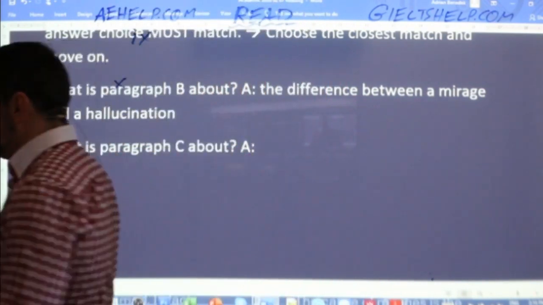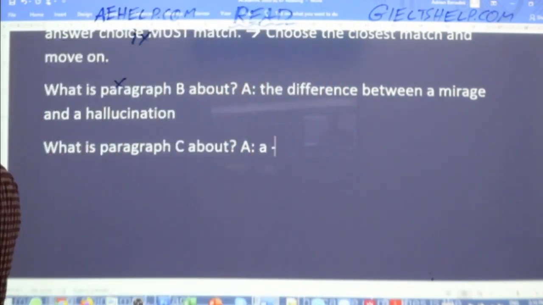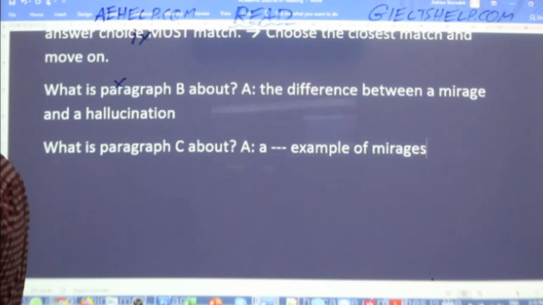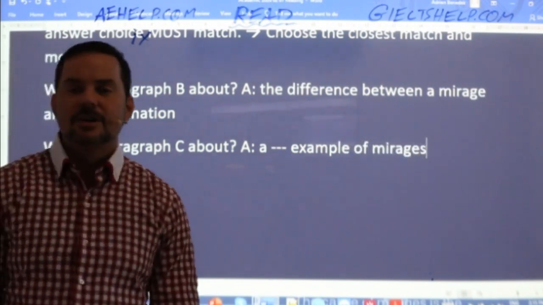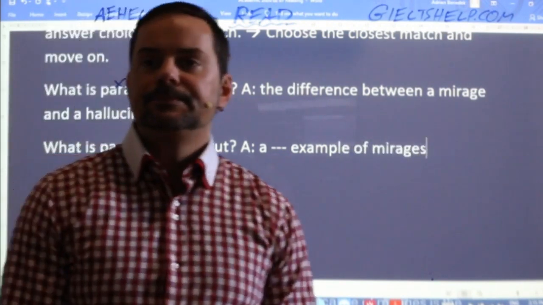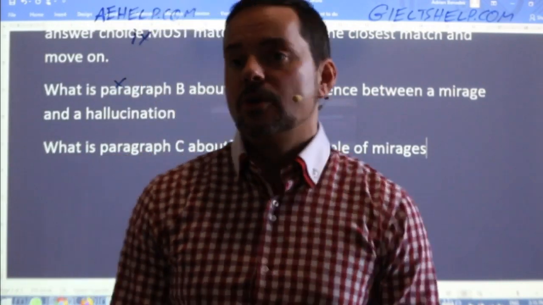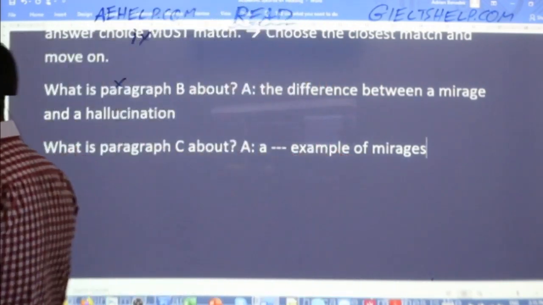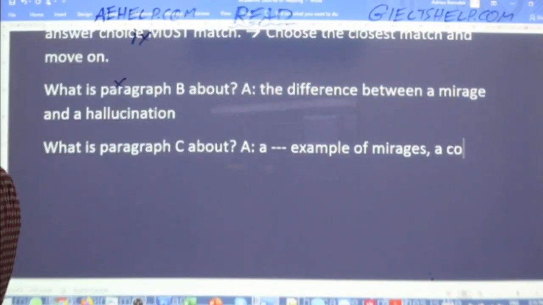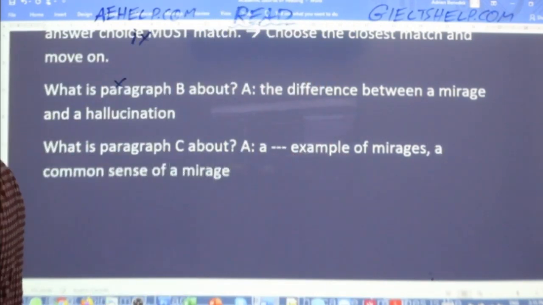So Ferdov says, an example of mirages. And you're close, Ferdov. You're very, very close to what I would be thinking. Very good. So Amira says it's a common sense of a mirage. Yeah, the road, right?